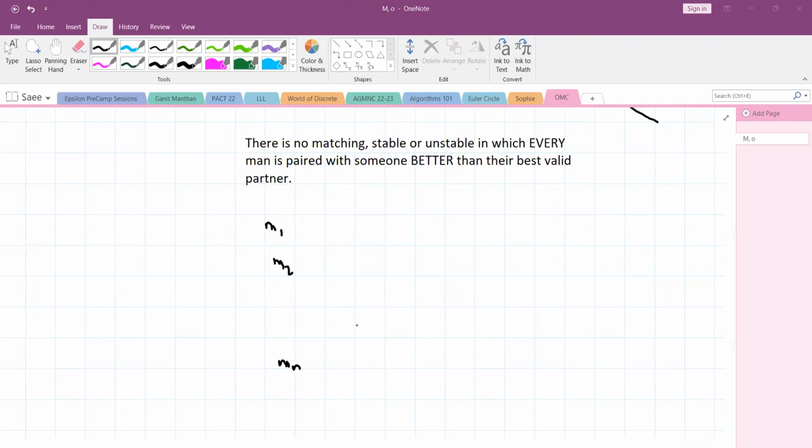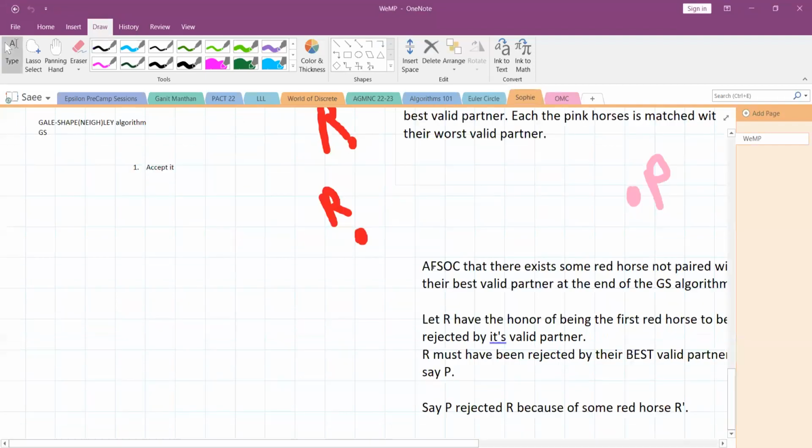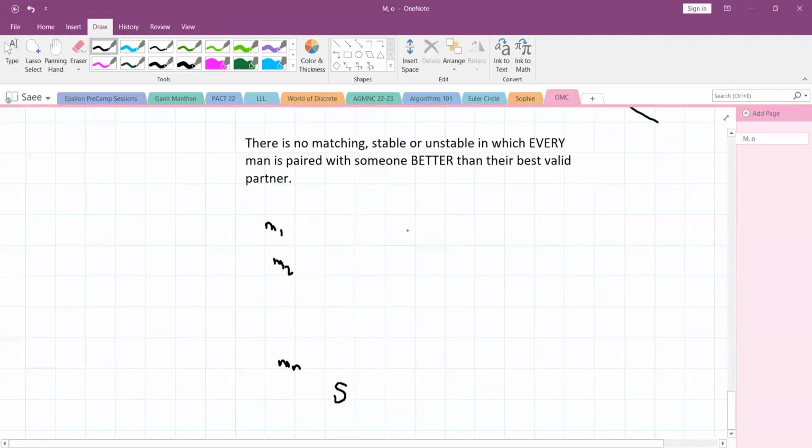Let's say the stable matching output by the Gale-Shapley algorithm is S, in which there is some pairing. Let's assume for the sake of contradiction that there is some pairing in which every man is paired with somebody better, who he likes more. Now we will try to come up with a contradiction.